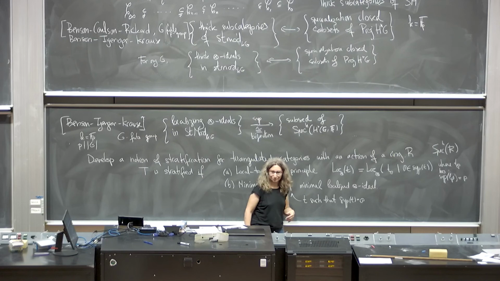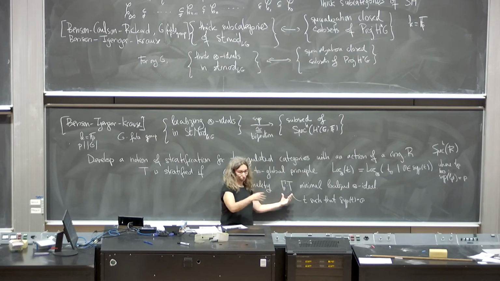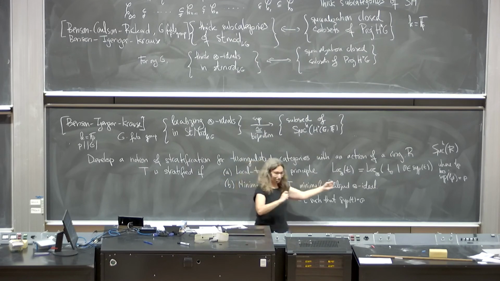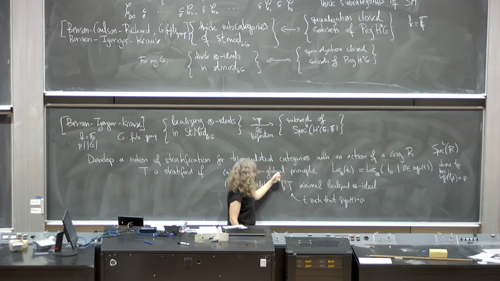Because this will correspond to the localizing tensor ideal which corresponds to P. This has support just P, and you don't want to have anything smaller, because otherwise there is nothing. P is a point. You don't have anything smaller than a point. So this has to do with surjection, and this has to do with injection.